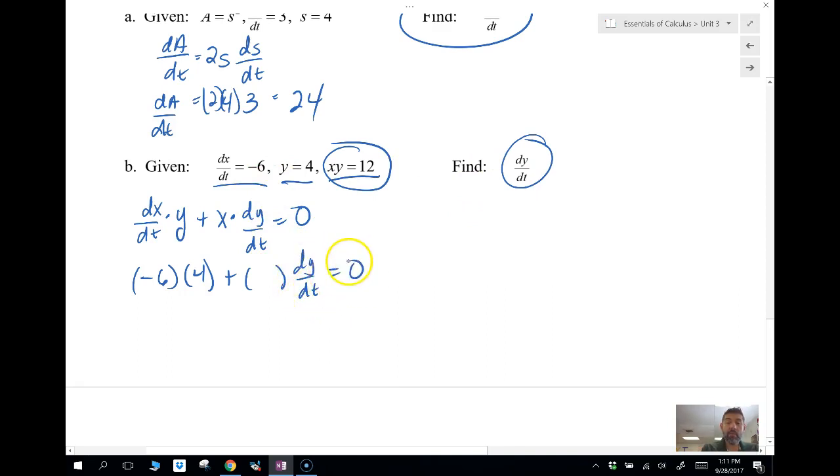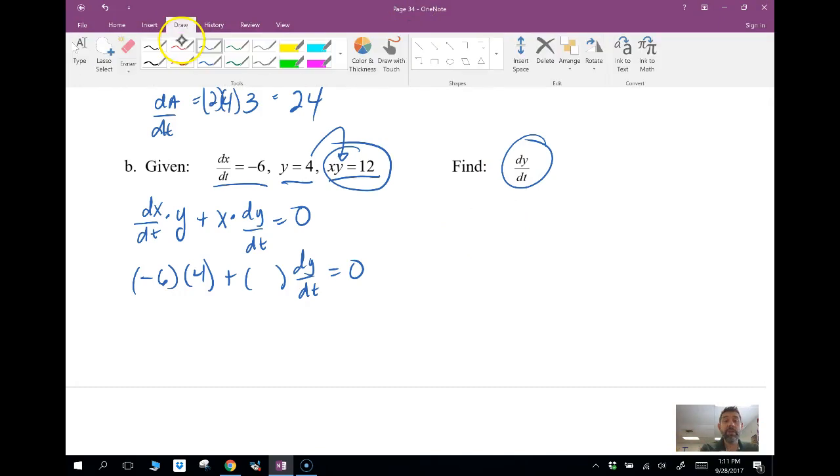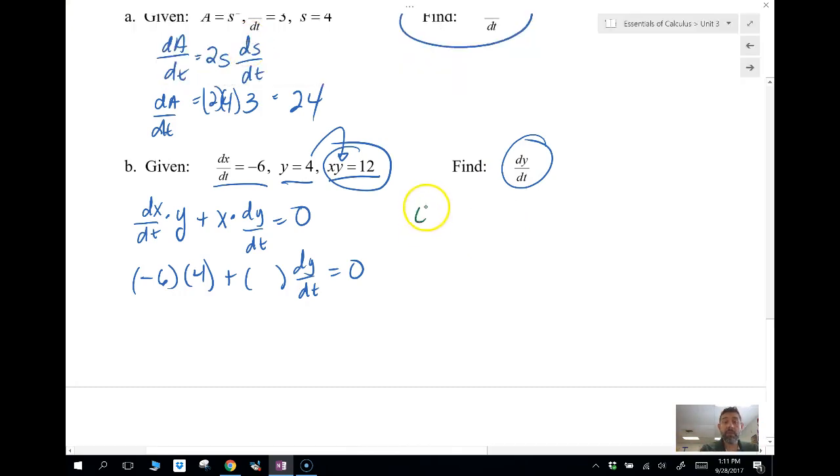All right, so now how do I know what x is when y is 4? Well, I can just plug that in now, and I get 4x equals 12. I'm going to put this in a different color so you know that I did it after I took my derivative. 4x equals 12, so x is 3.